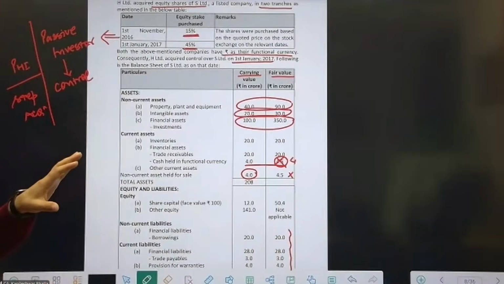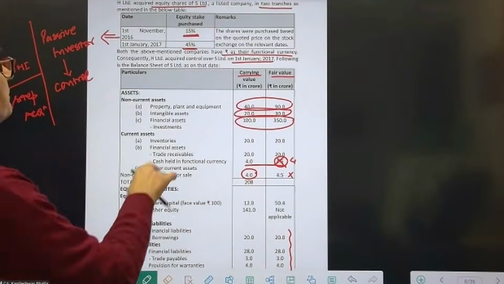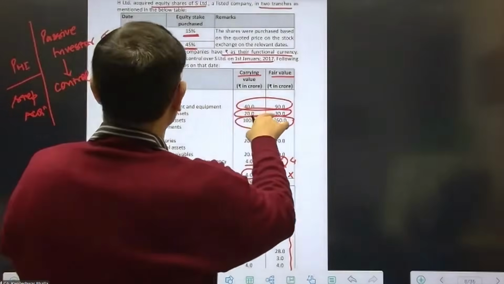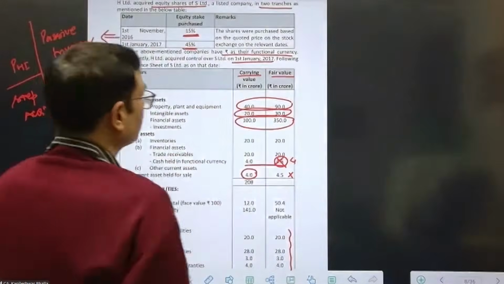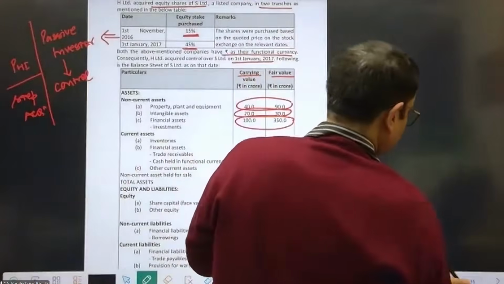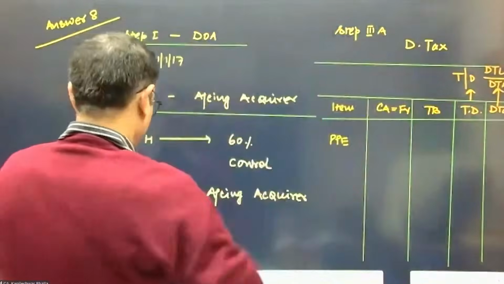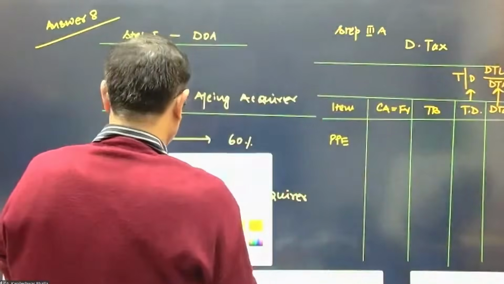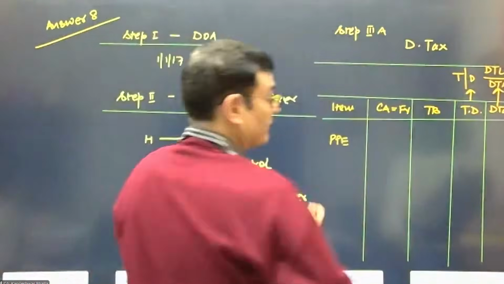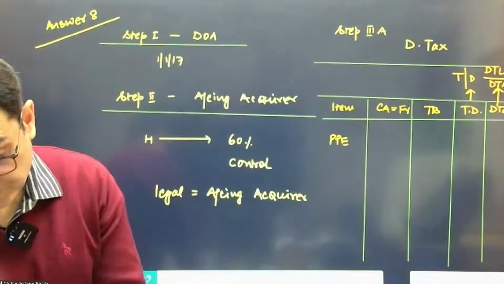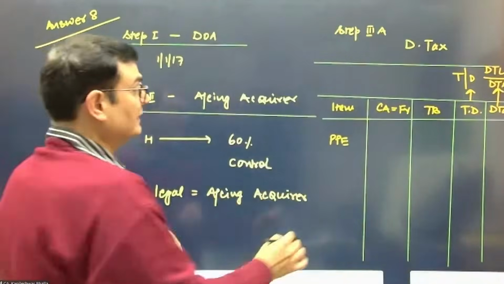So I think the only 3 items which I can see apparently are the PPE, the intangible assets, and the investments. So 90, 30, and 150. PPE is supposed to be, I'll just have to pick up the figures. So PPE, what was the fair value? 90, right?